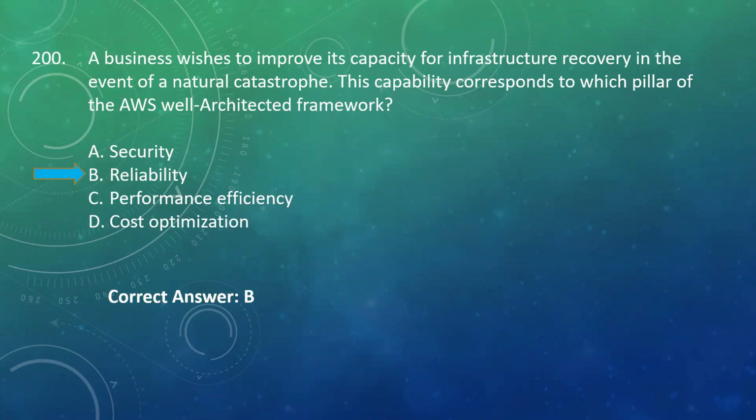It encompasses strategies like redundancy, backup and restore processes, disaster recovery plans, and high availability configurations to minimize downtime and data loss. In the context of the AWS Well-Architected Framework, improving infrastructure recovery to handle natural catastrophes is a key aspect of building reliable systems that can continue to operate even in adverse conditions.